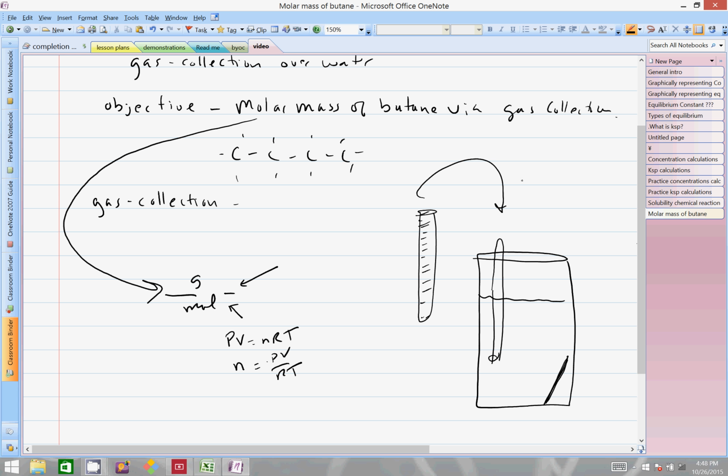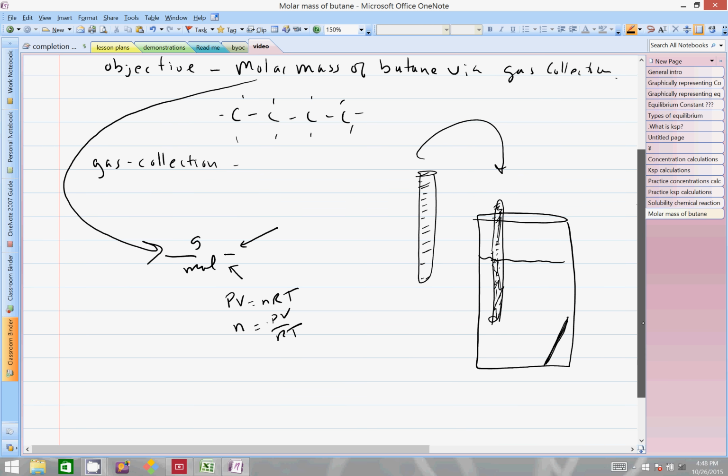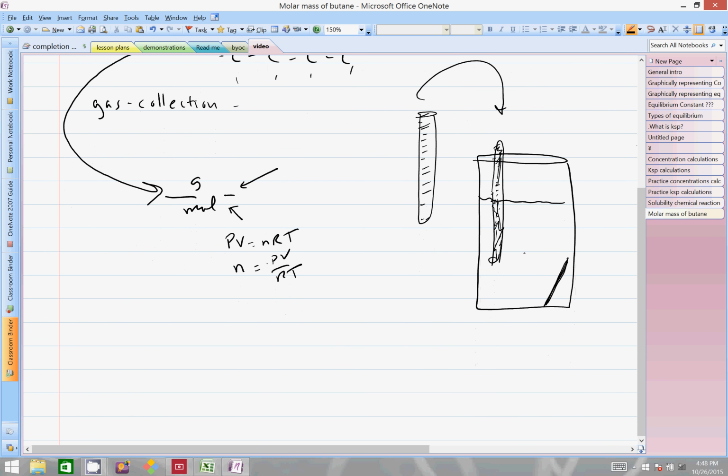It will stay full. I'll draw it full of water. It is definitely not tall enough to not have atmospheric pressure be able to push up that water. All right, and then we're going to use a lighter full of butane to displace some water.